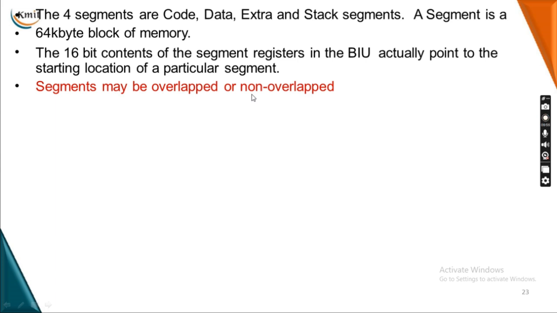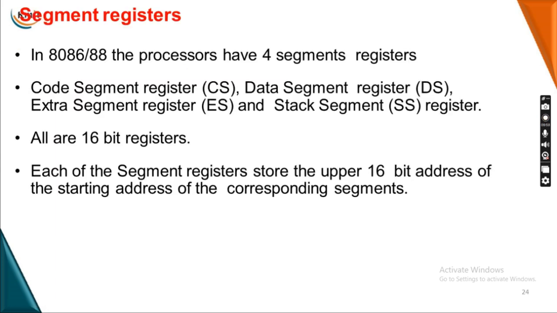Now here we need to see, as in our architecture we have seen, the summation block calculates the physical address of the memory. For calculating that physical address, we require two addresses.